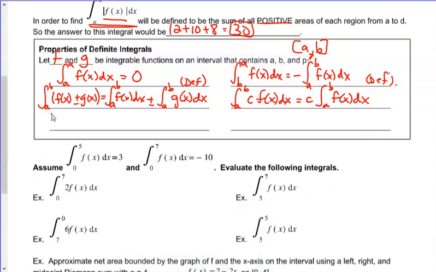And our last one includes p, okay? P is a number that's between a and b. So if I have an interval, starts at a and ends at b, then p is somewhere in between here, okay? Just so that you know. So the integral from a to b of f of x dx for this property says that if I have some subintervals here, I can do the area under this curve from a to p and add it to the area under this curve from p to b, and I get my total area from a to b.